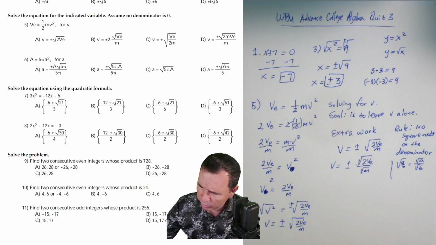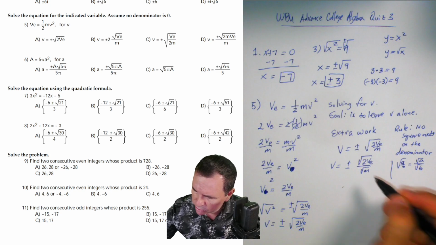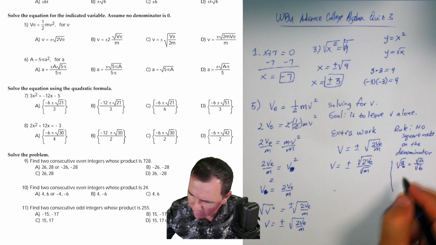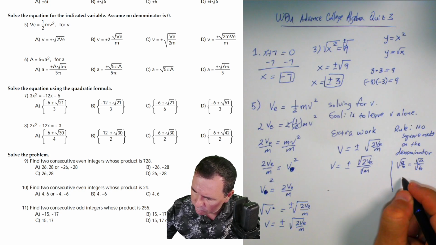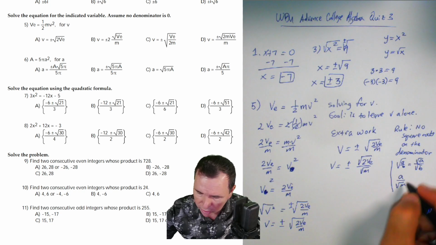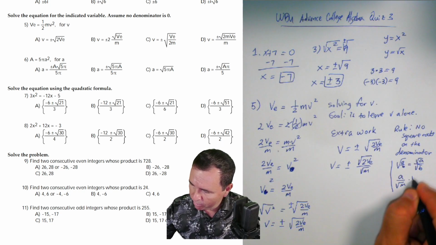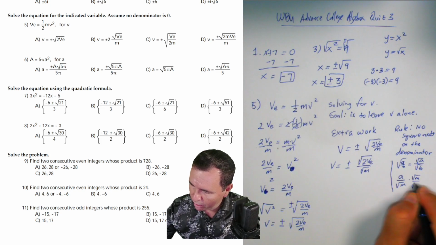All right, now that we split it in the top and bottom, there's something else that you need to know. If I have some number over the square root of M, the way you can fix this so that you don't have any square roots on the bottom is by multiplying top and bottom by the same thing that you have on the bottom.